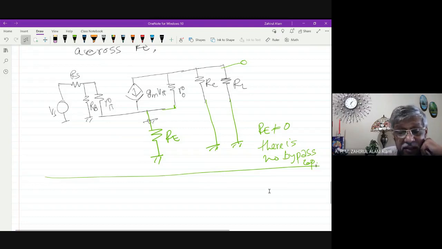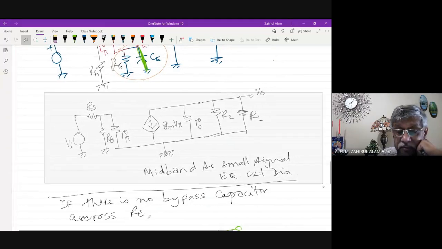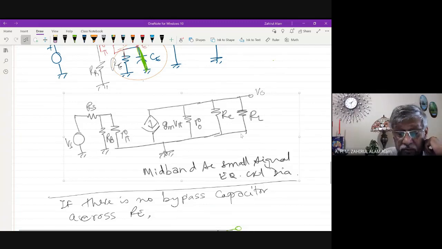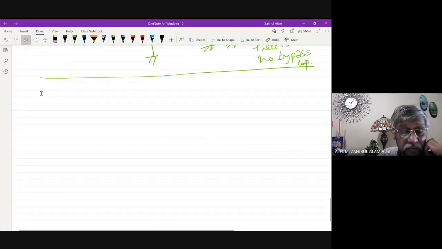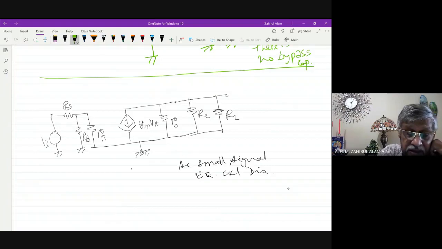Now let us try to draw the high frequency equivalent circuit for our first circuit. So this is mid-band, and now this is high frequency.